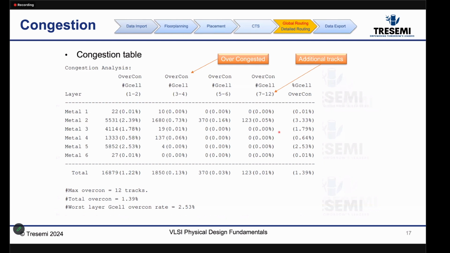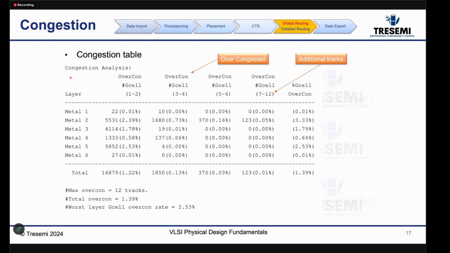Every tool has a different report, but usually it's broken down by layer, right? So you look at the first column here. For this report, we see 6 layers, right? And for every single layer, we break it down in terms of how bad the congestion is, right?